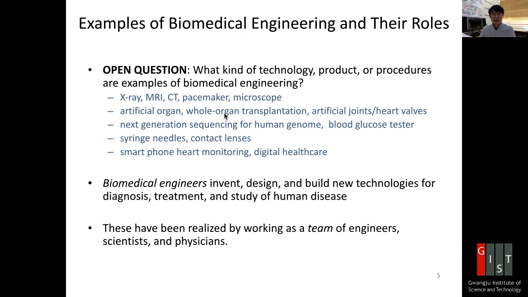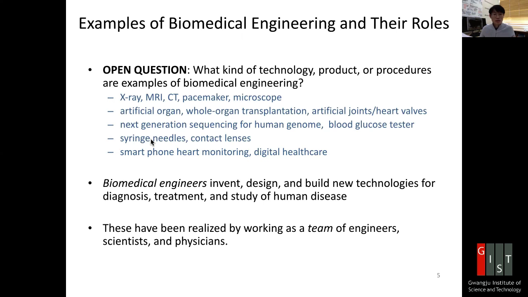Another example is the Human Genome Project, for which next generation sequencing machines were developed. Or for those who have diabetes in their families, one can see the usual blood glucose tester. And if you go to a hospital, you can find many syringe needles, which require engineering to produce.